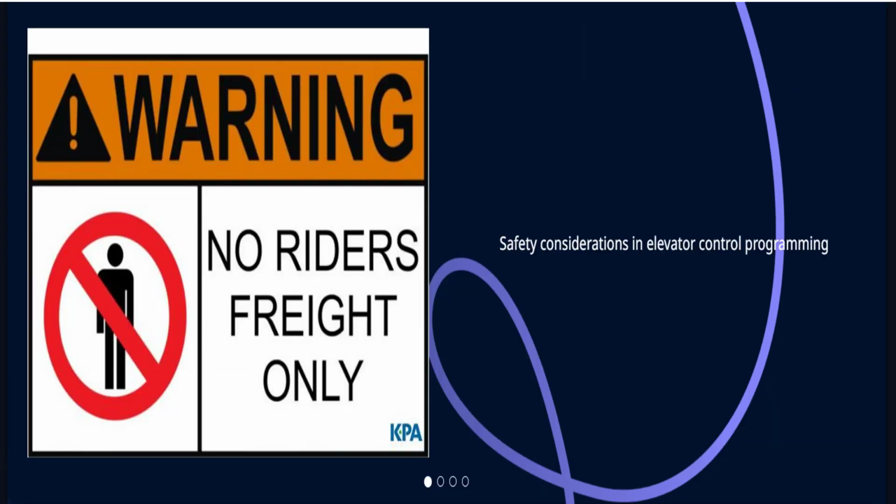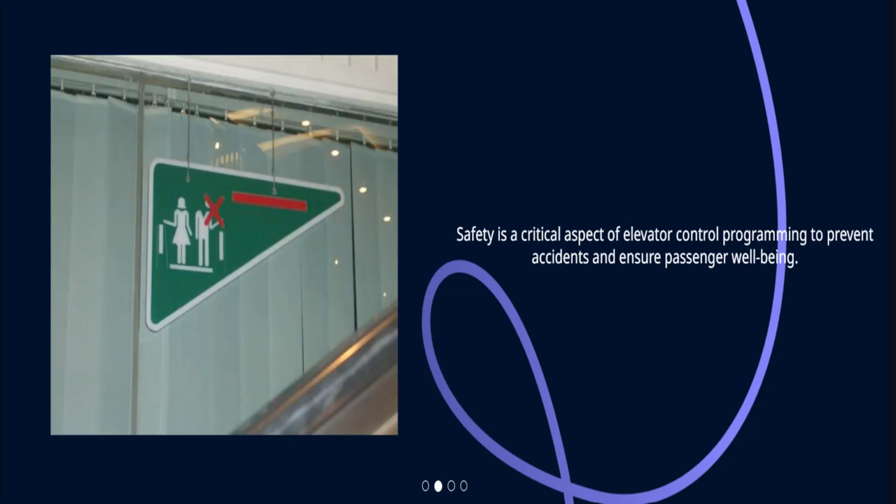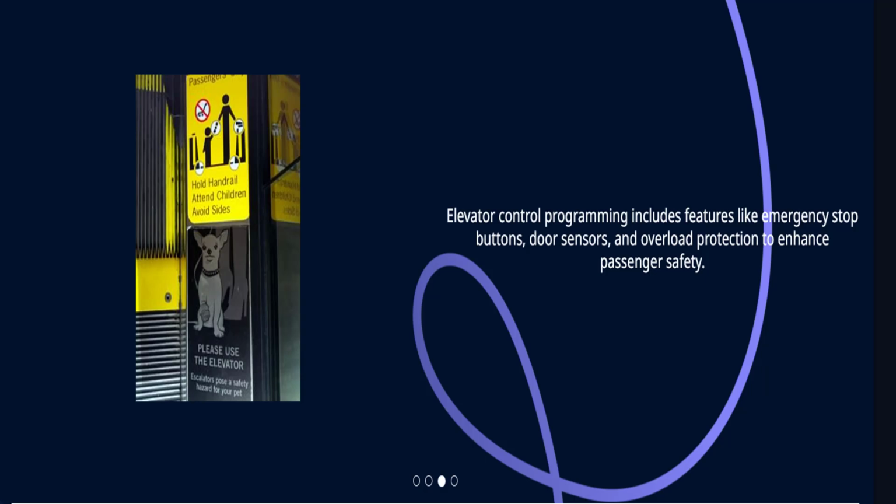Safety considerations in elevator control programming. Safety is one of the most important aspects of elevator control programming. Safety features. The code must include protocols for buttons, door sensors, and overload protection. For example, door sensors prevent the doors from closing if an object is detected, and overload sensors stop the elevator from moving if it's carrying too much weight.